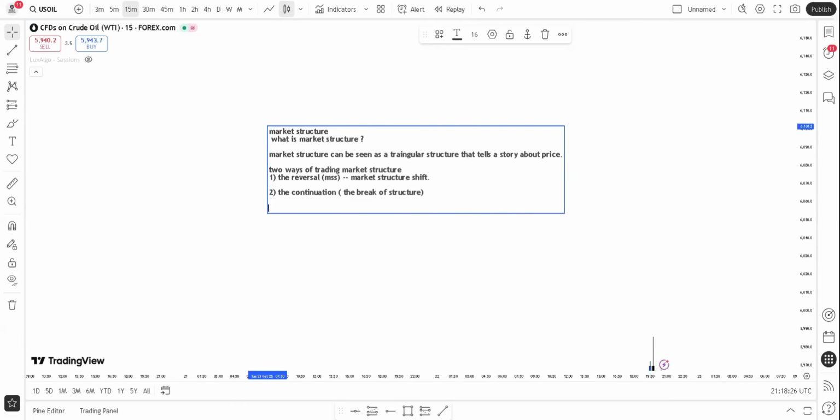we are going to look at the first structure that we trade, which is the reversal. Under the reversal is the market structure shift. Do you understand? So the MSS is a market structure that is used for what?